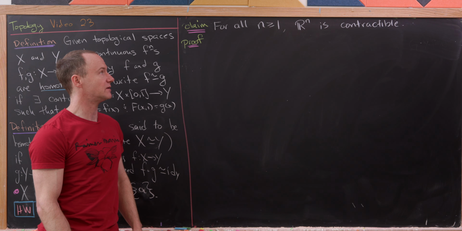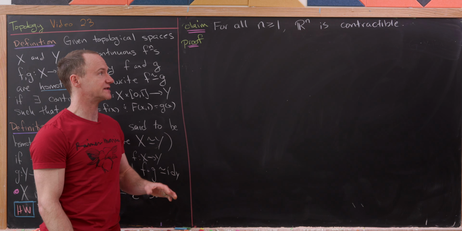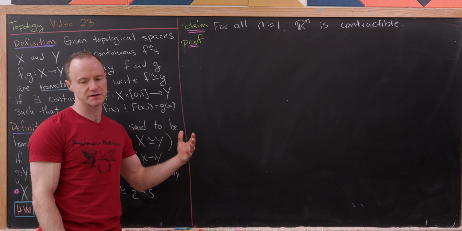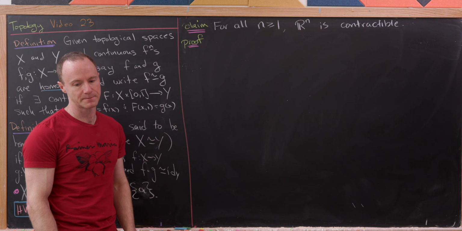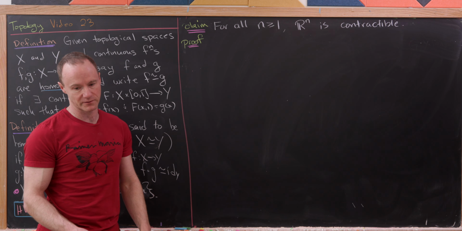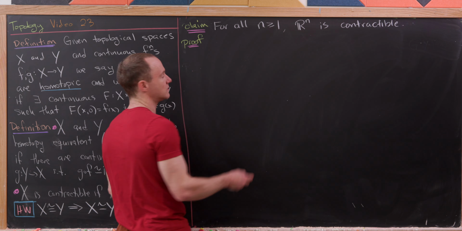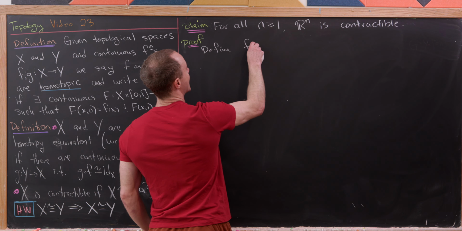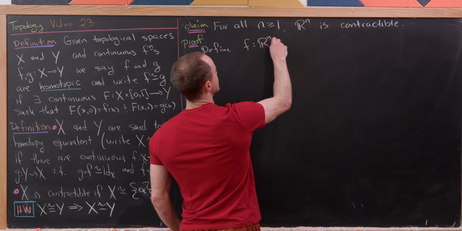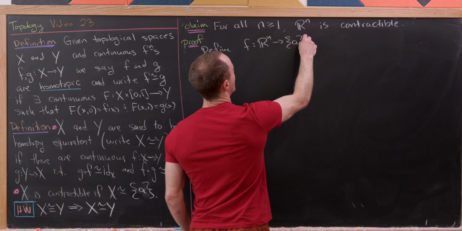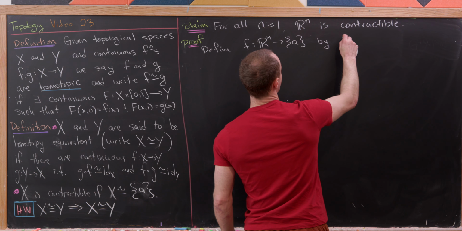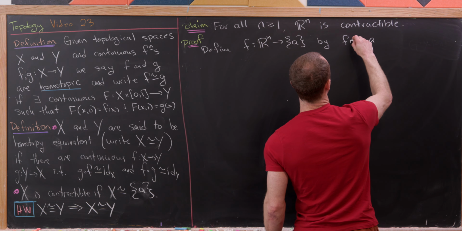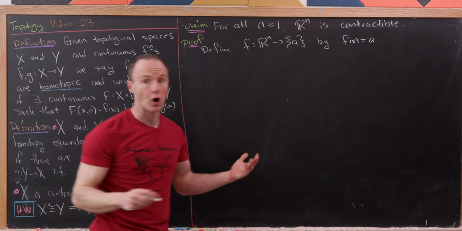So for all n bigger than or equal to 1, Rn is contractible. In fact, you could have n bigger than or equal to 0 here because R0 is just a single point anyway. But that one you kind of get for free. Okay, so now let's define a function f from Rn to a single point by, well, how does it have to be defined? f of x has to be equal to a, because there's no other choice there.